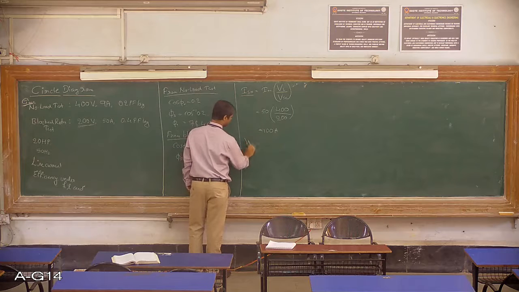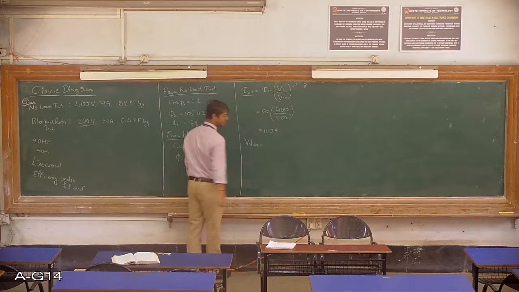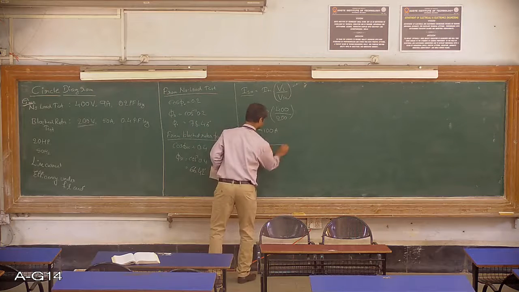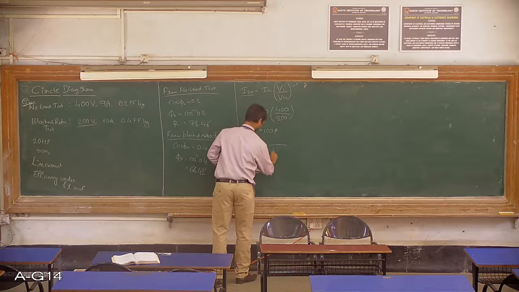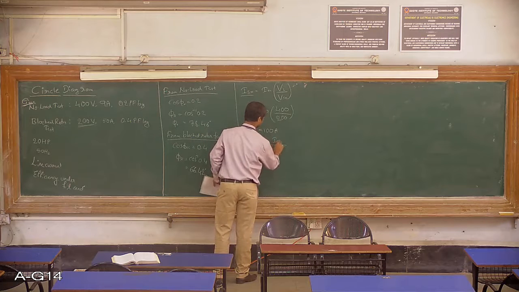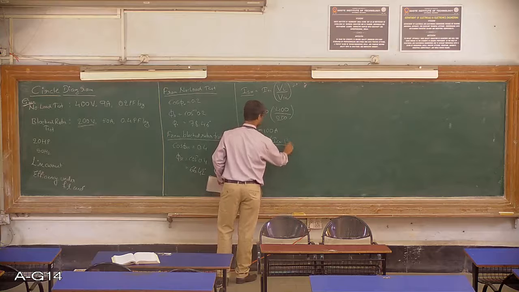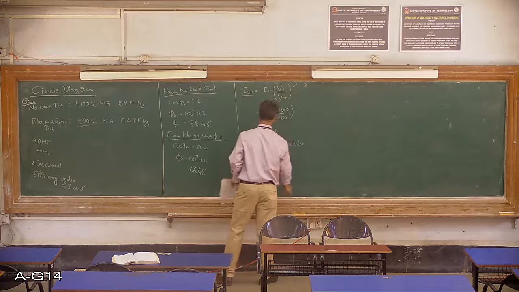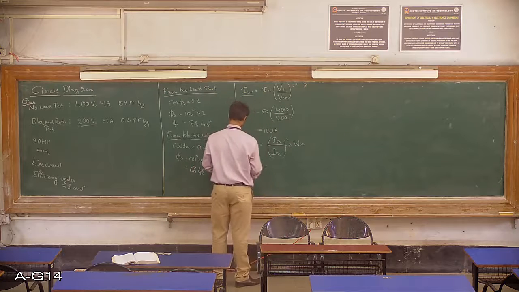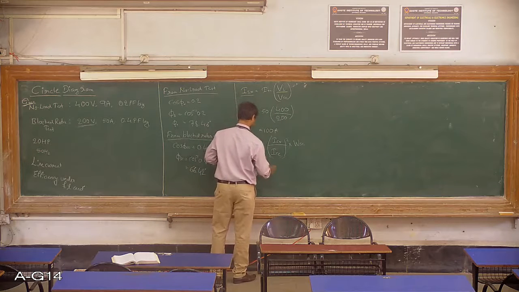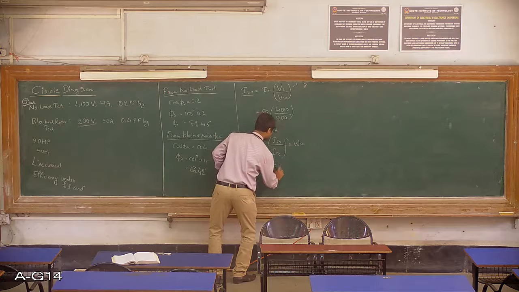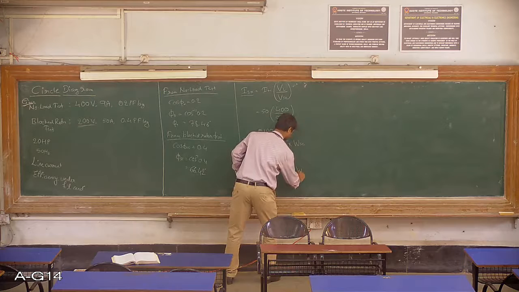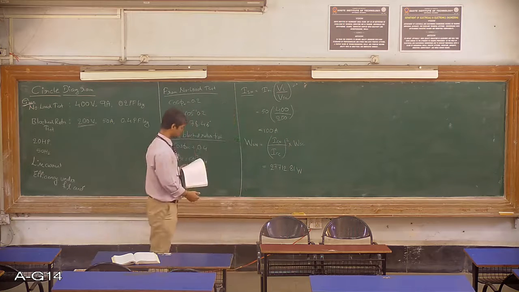Similarly, we have to calculate WSN. Yesterday I had given you the equation. The equation for WSN is (ISN by ISC) whole square into WSC. By doing this we'll get 27,712.81 watts. Okay, this is WSN.